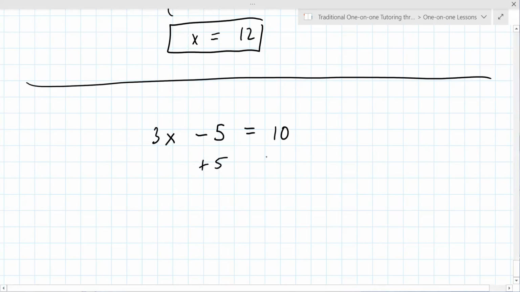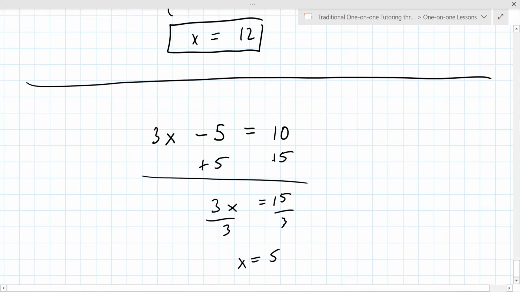Yes, x does equal 5. Yep, you add 5 to both sides. 3x equals 15, divide by 3. x equals 5. Good. All right.